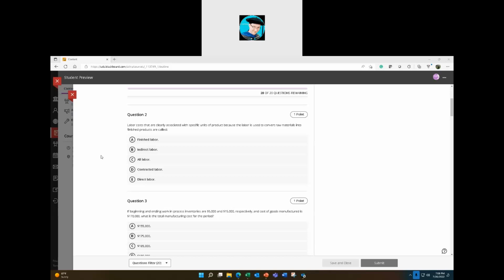The people directly working on the product, they're the ones doing the work. Hopefully that one should be pretty obvious. They're directly working on the product. That's question 2, which I believe also comes from chapter 18.